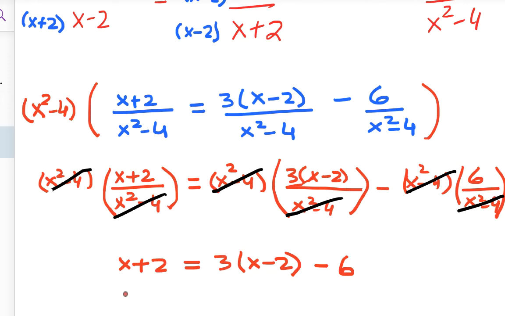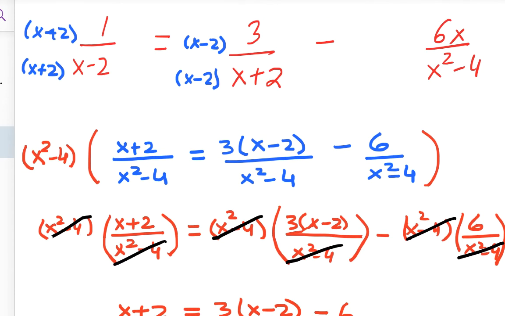The first thing we're going to do is leave the left hand side as it is. Open up the 3, or distribute the 3 to this expression: 3x − 6 − 6. Okay, let me just check.